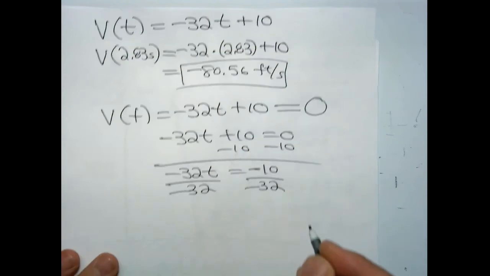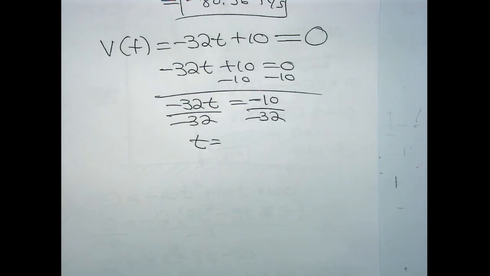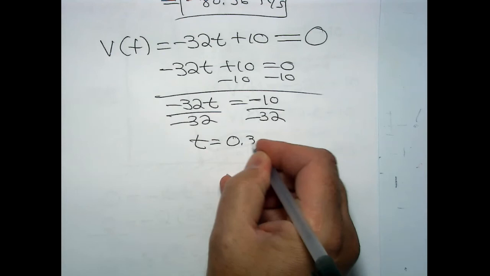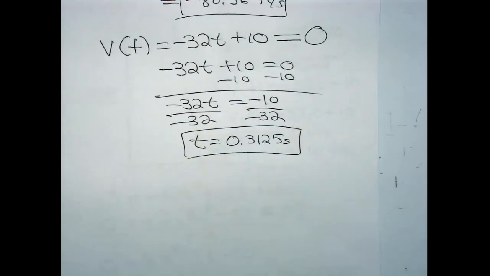Boy, it didn't take too long, I guess. So 10 over 32. It only takes 0.3125 seconds for that to happen. That's the when, okay? Speed is 0 at about a third of a second.